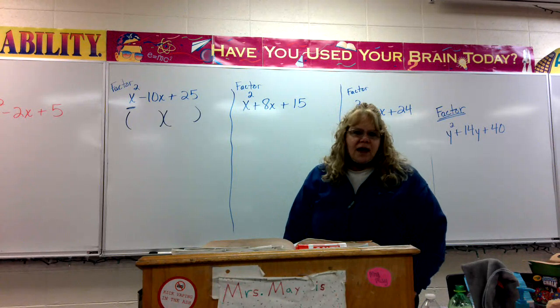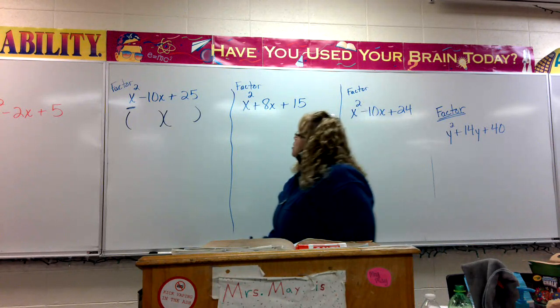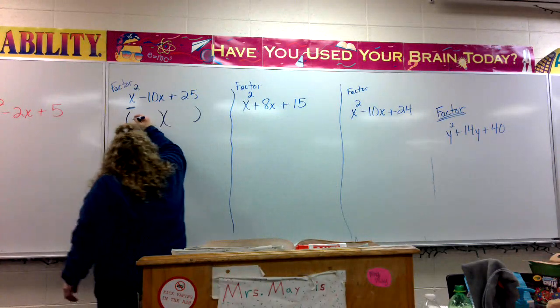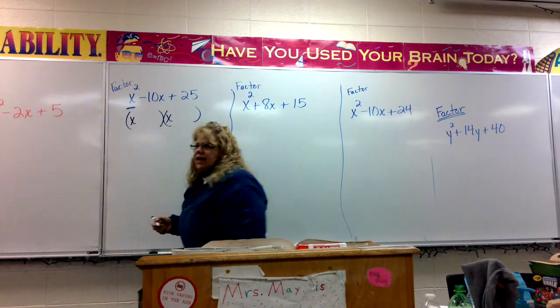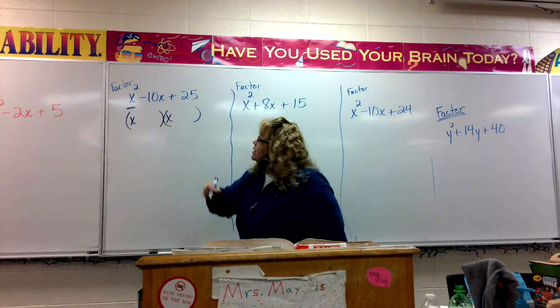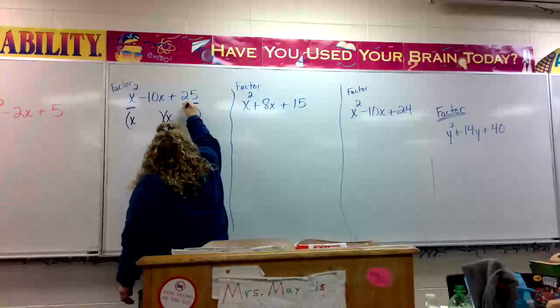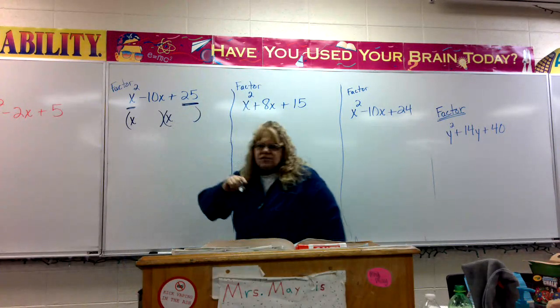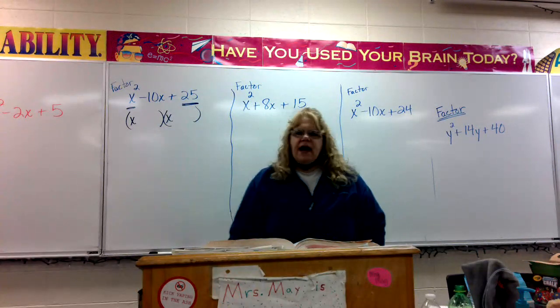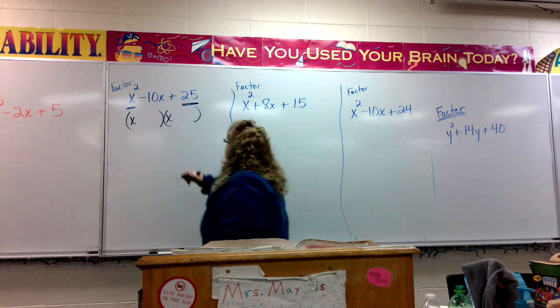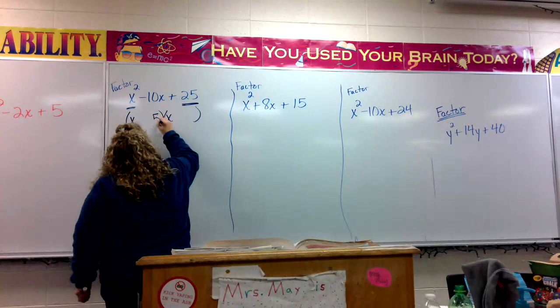There is only one possibility, right? What times what gives you x squared? Yes, it has to be x times x. Then we went down here to the 25, and you asked, what times itself gives you 25? It had to be 5 times 5.